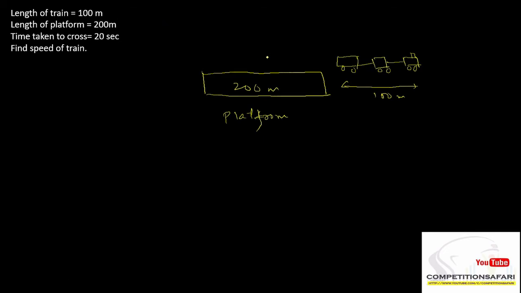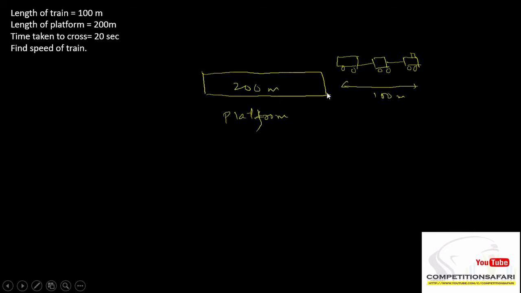So the total distance here will be what, let's say first, let's understand what the question is saying. It is asking the total time to cross the platform, which means the total distance this train is covering until the last bogie or the last portion of the train has already crossed the platform.